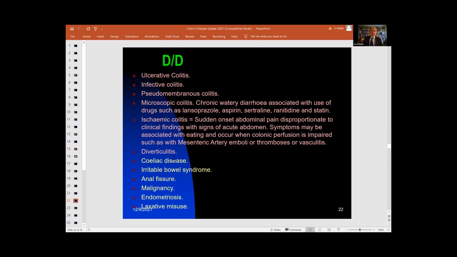And when one is using irritant laxatives or purgatives all of the time, such as Dulcolax and so on, it would induce a condition where there would be increased diarrhea, increased frequency, and abdominal pains.